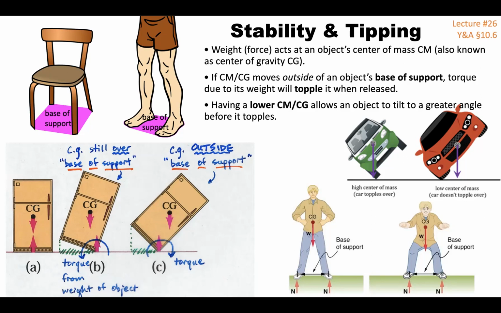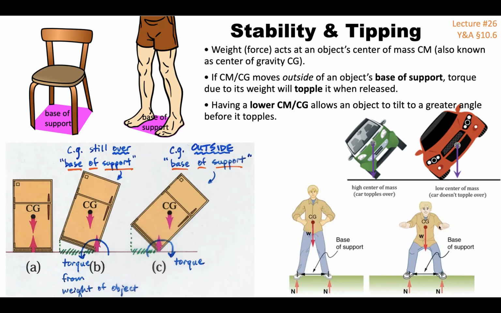It is advantageous, if you think that an object might occasionally tip, to place the center of mass or center of gravity as low as possible. What that means is the object has to tilt to a greater angle before the center of gravity crosses this unstable equilibrium point right here and goes beyond the base of support.